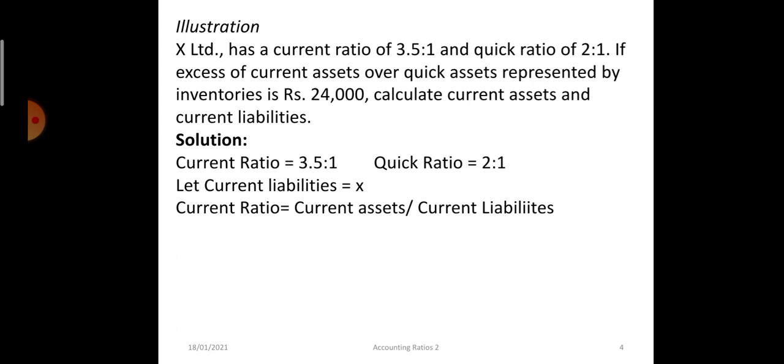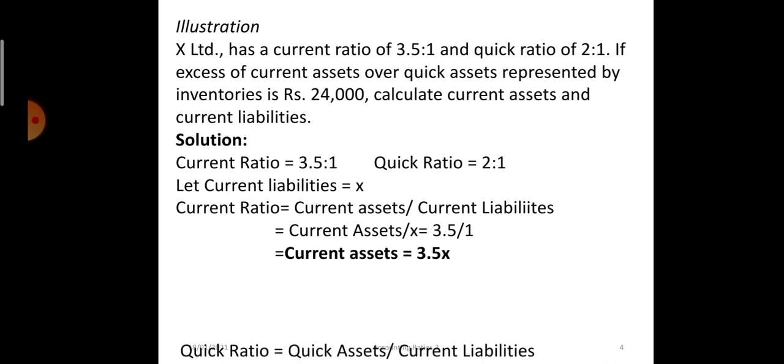So current ratio is equal to current assets upon current liabilities. When we solve it, current assets divided by X, in place of current liabilities we are using unknown value X, is equal to 3.5 upon 1. When we cross multiply, we get current assets is equal to 3.5 times X, that is current liabilities.